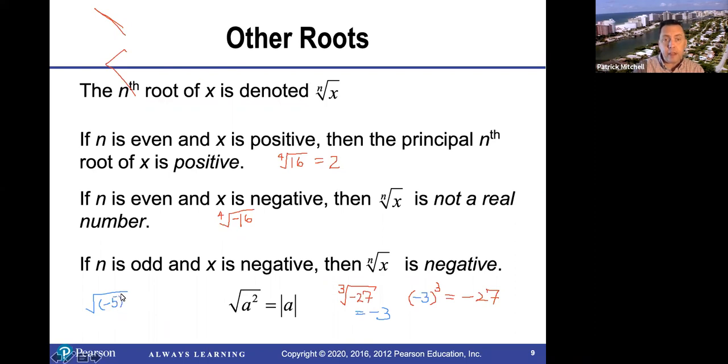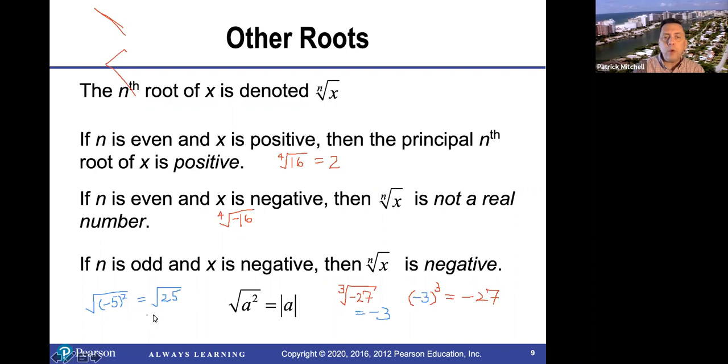If you have the negative 5 in parentheses like that. And of course, the square root of 25 is 5. All right, and 5 is the absolute value of negative 5.